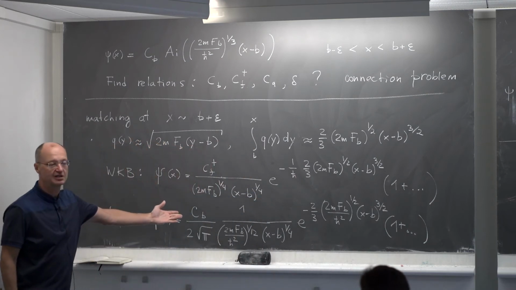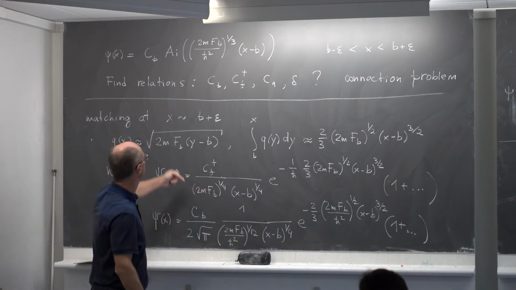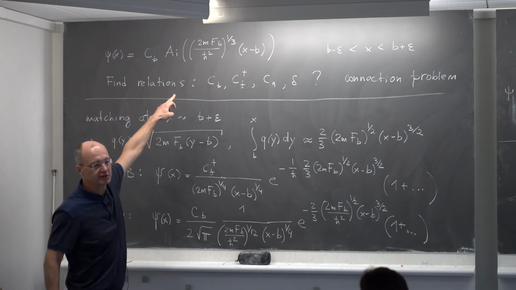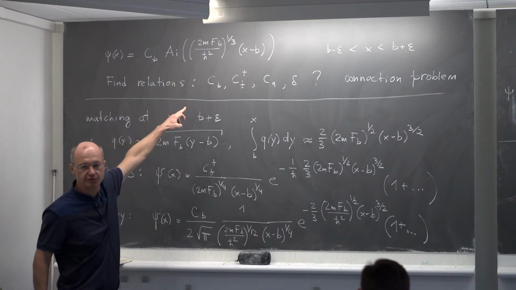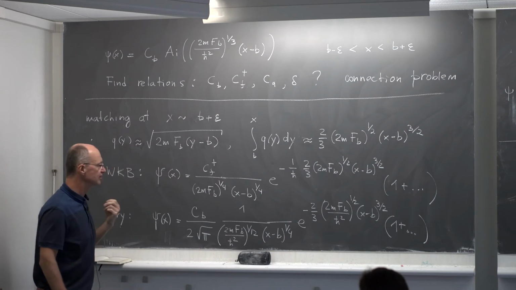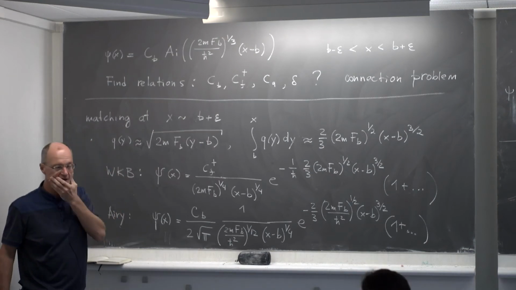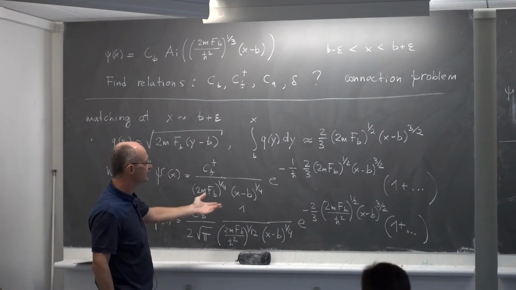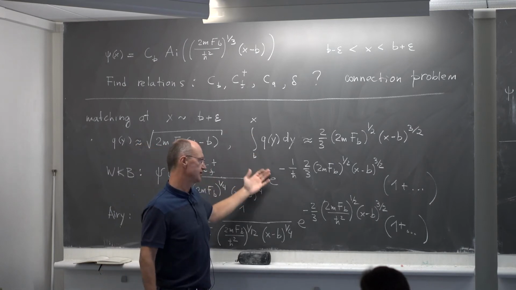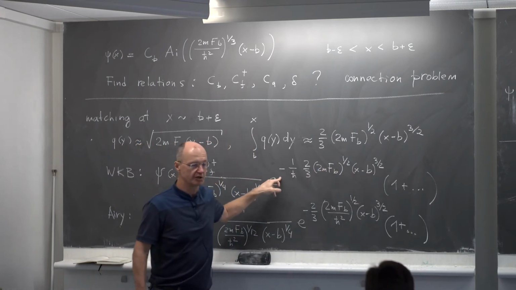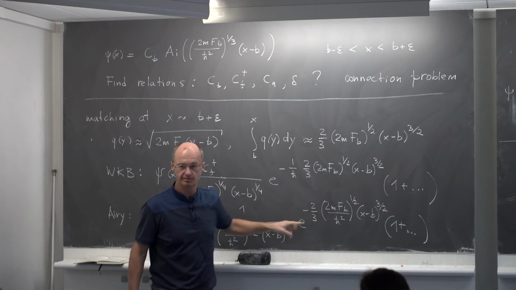I obtained that by substituting this ugly argument with a coefficient into the asymptotics of the Airy function that we computed last time. As you see, fortunately, the top contributions match.